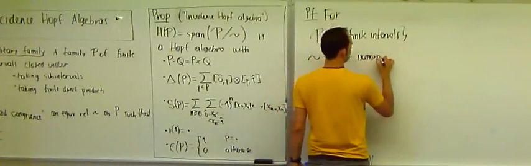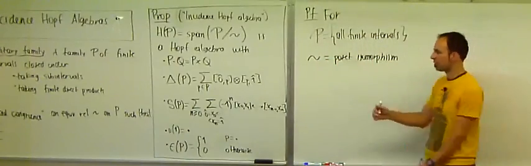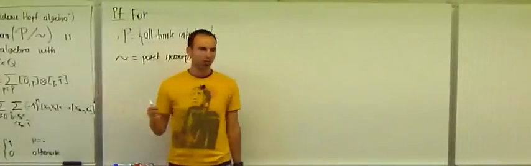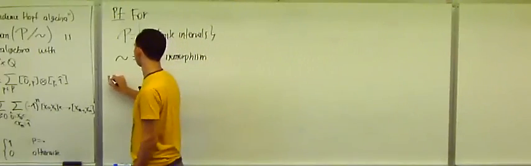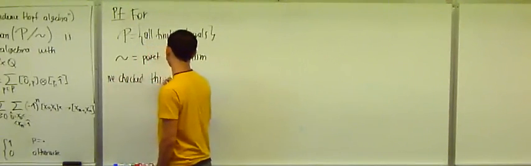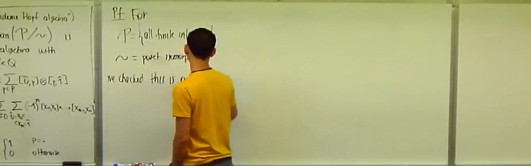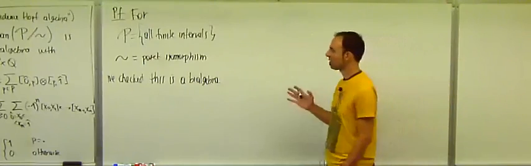We already talked about this object. We defined the product in the same way, the coproduct in the same way, and we proved in class that this is a bialgebra. We checked the axioms, it was fine.